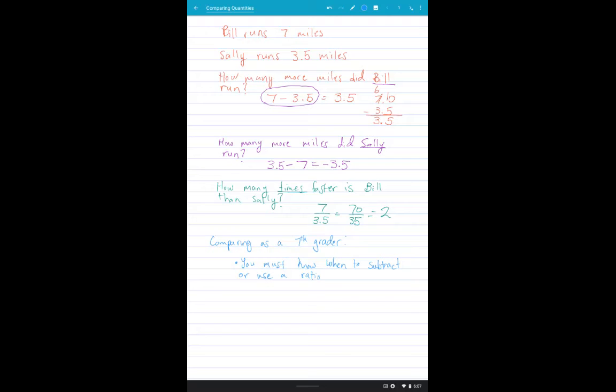You must know when to subtract or to use a ratio, and keywords will help. All right. Keywords such as difference and times will help.